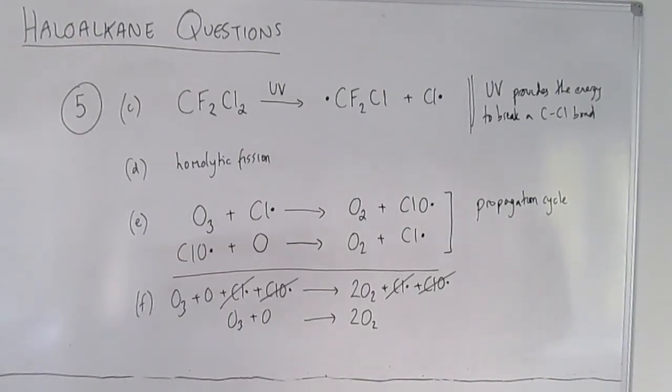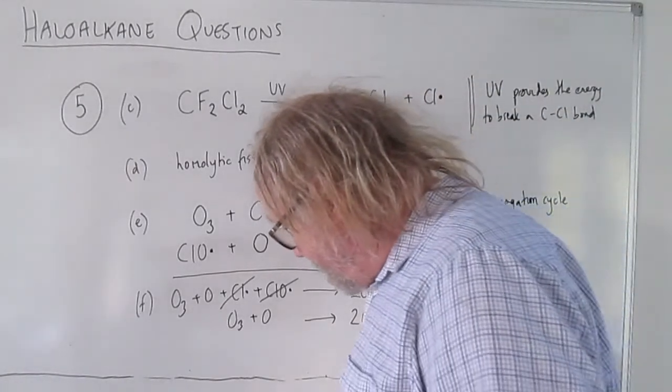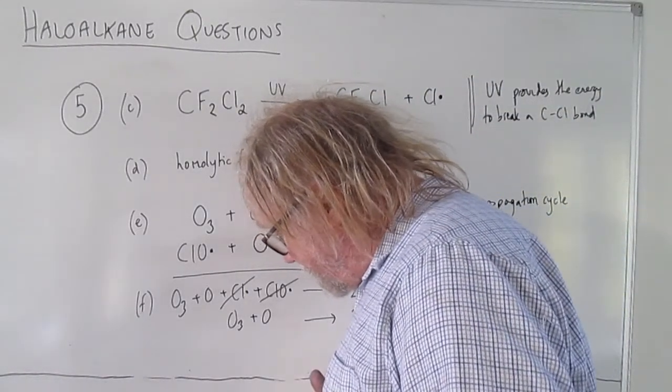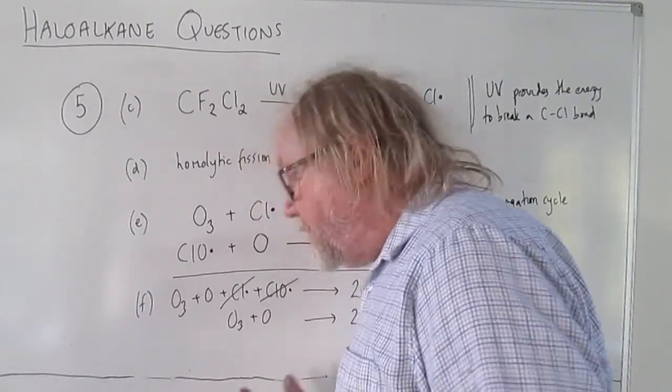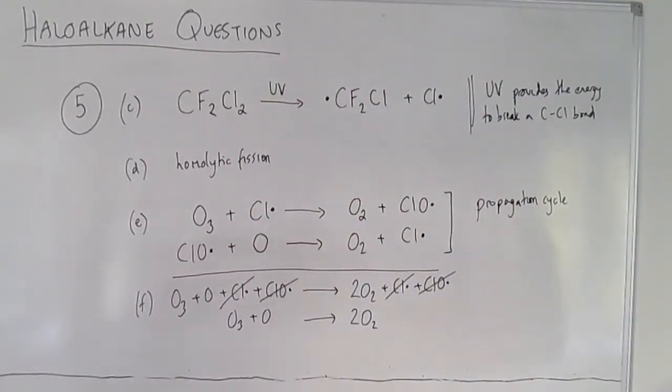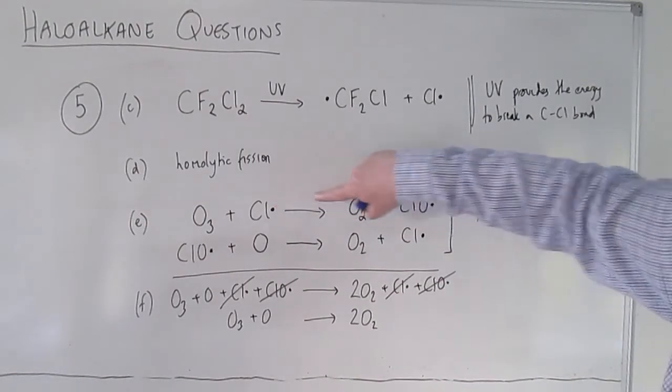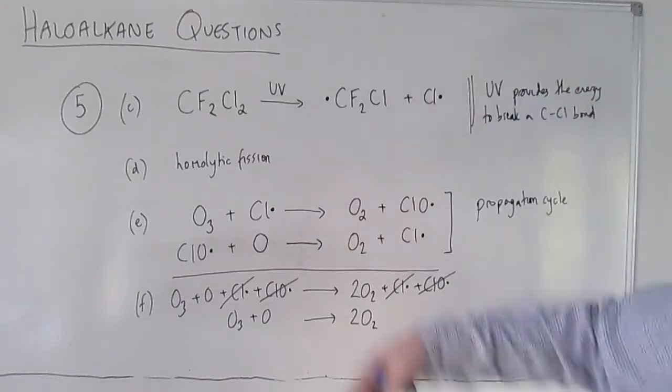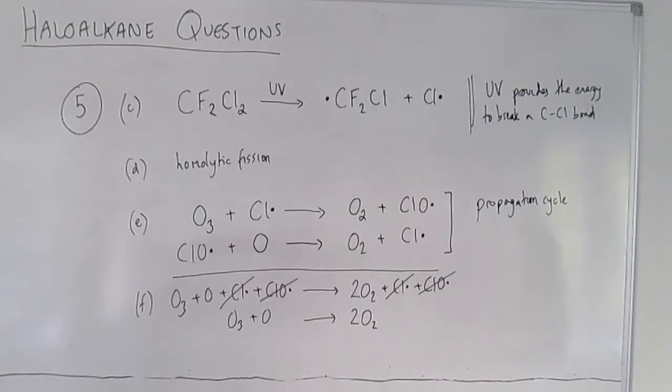So that's the overall reaction, and it asks us to explain why we can therefore say that Cl dot is a catalyst. The point is that it's not used up in the reaction, or rather it's used up but then regenerated, so overall the Cl dot is not used up in the reaction.